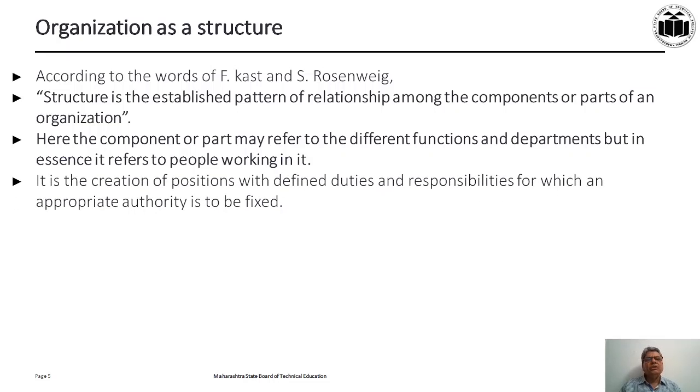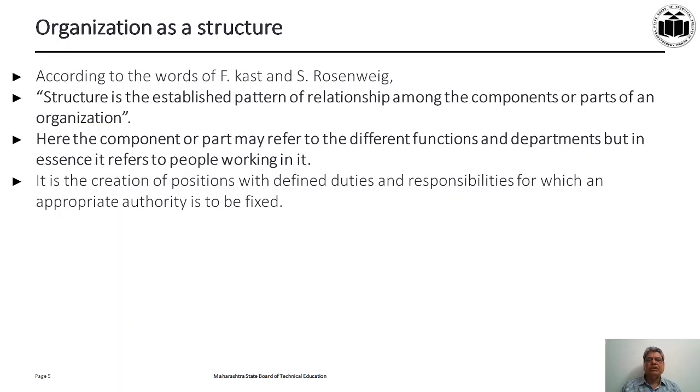It is the creation of positions with defined duties and responsibility for which appropriate authority is to be fixed. So when you create the positions, you have to define the duties and responsibility of the position. That position is created to carry on certain activities, and so those activities become the duties and responsibility, for which you have to give appropriate authority.